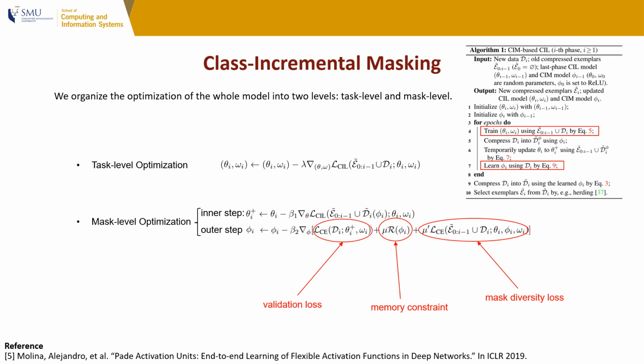Specifically, we formulate the latter as a bi-level optimization problem, where in the inner step, we take an update step on theta using data compressed by phi, and in the outer step, we validate this temporary theta on uncompressed data, and the gradients are backpropagated to update phi. Another two regularization terms, memory constraint and mask diversity loss, are also applied in the outer step update.